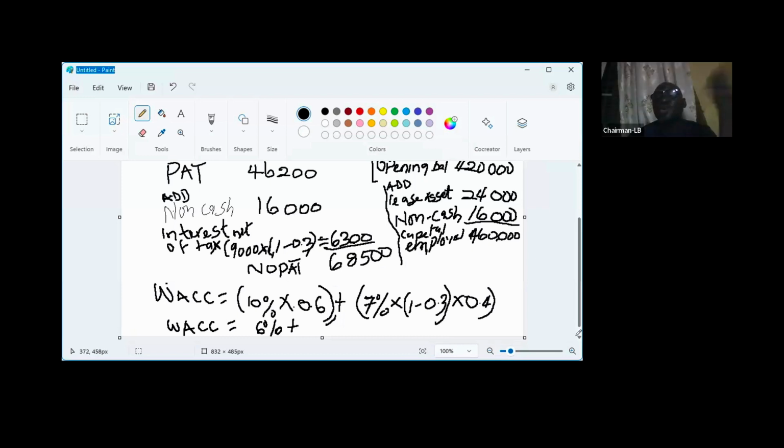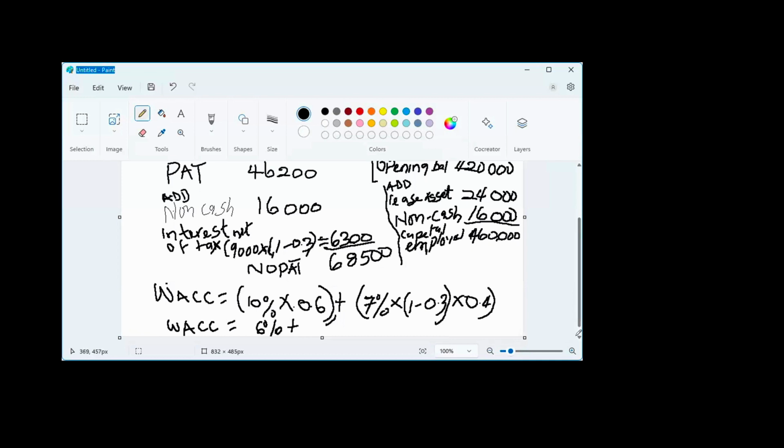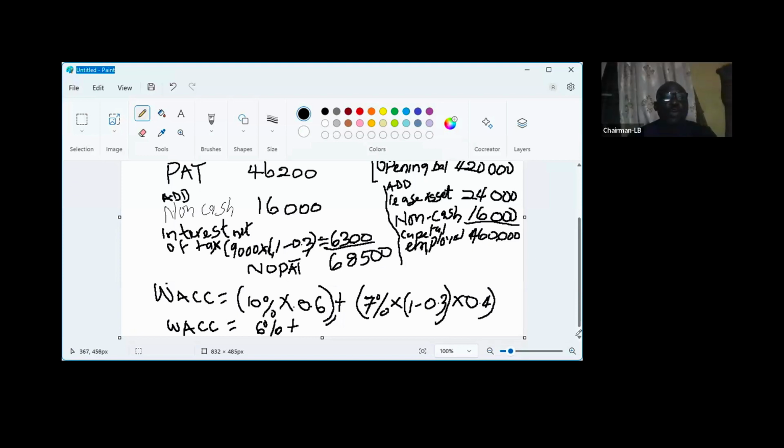Check your calculator. 0.6 multiplied by 10, what do you have? 0.06, which is 6% now.